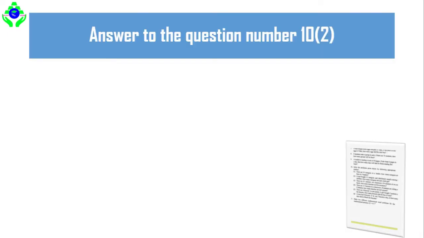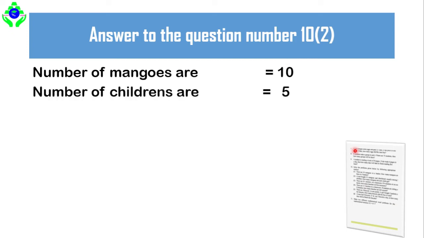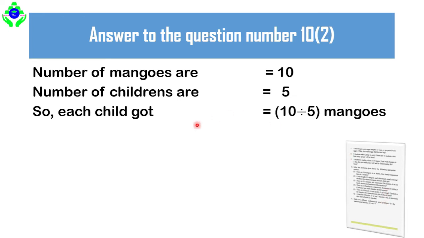So now it's time to see how we can customize the question and write the solution. Okay, so in the first line you should write number of mangoes are 10, and after that number of children are 5, and both these pieces of information are mentioned on your page number 73. And after that you should write, so each child got 10 divided by 5. Why do I use this division sign here?